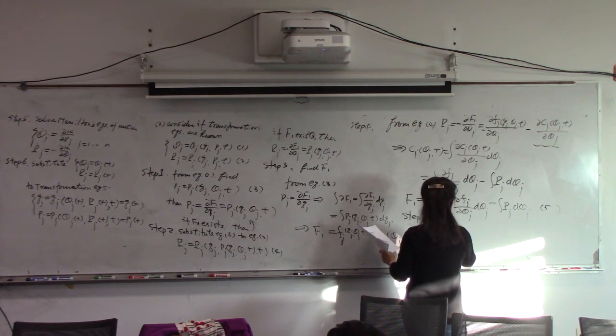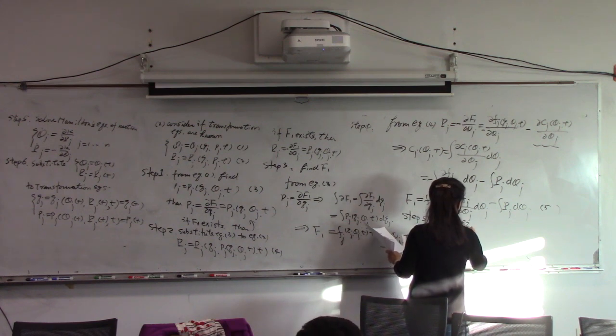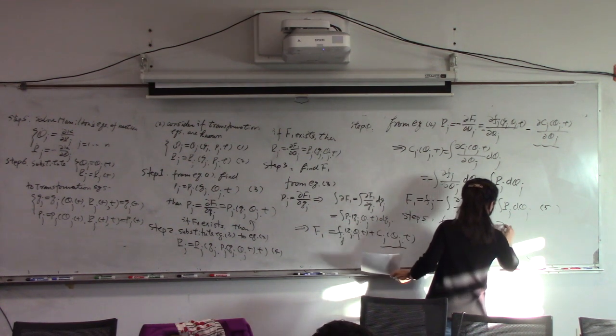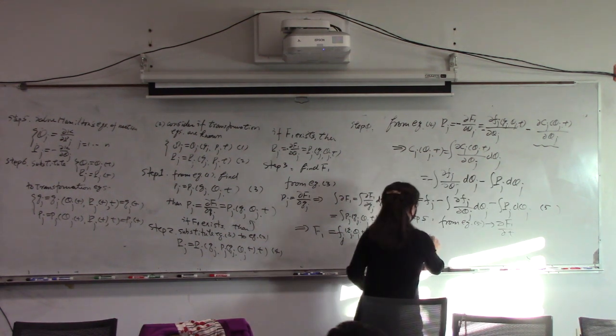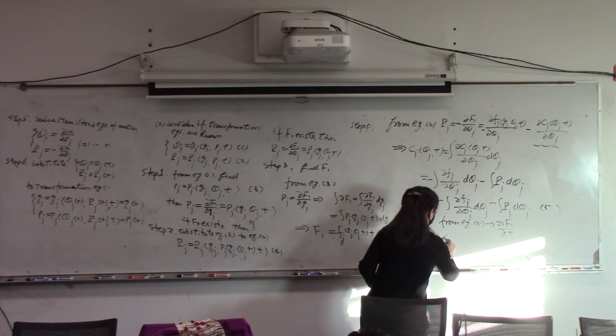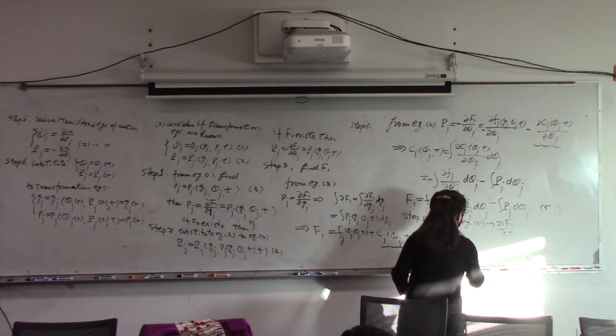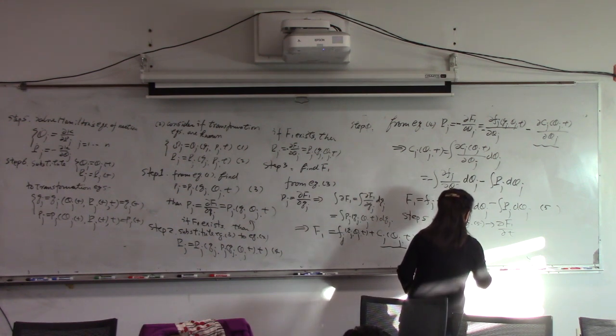From equation 5, we obtain partial F1 partial t. Then step 6, we're going to calculate the Hamiltonian. The new Hamiltonian is H now.